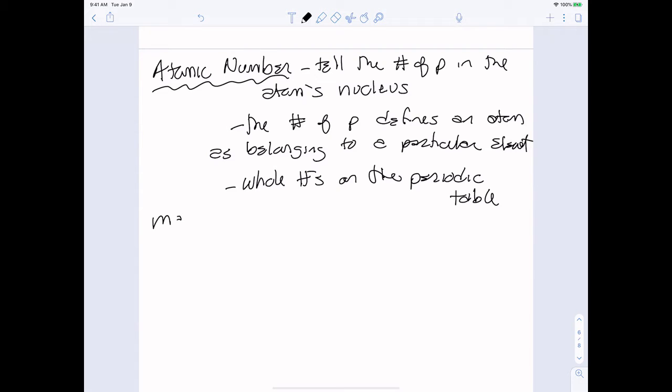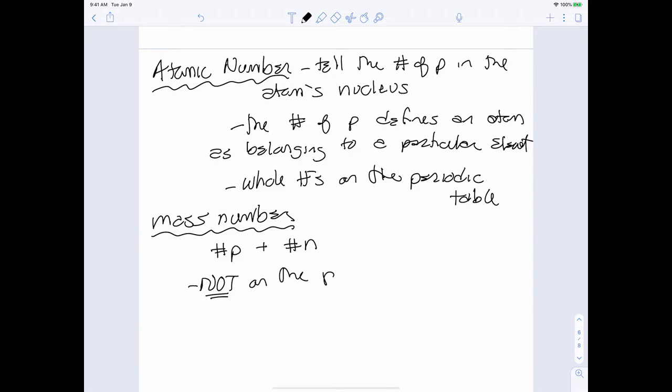We also talked about the mass number. The mass number is also a whole number, right? Our mass number tells us the number of protons plus the number of neutrons in the nucleus. These we said were not on the periodic table, right? They're counting numbers.